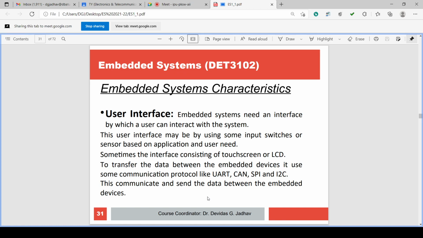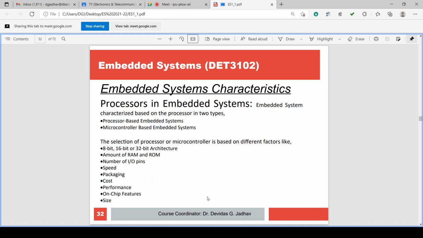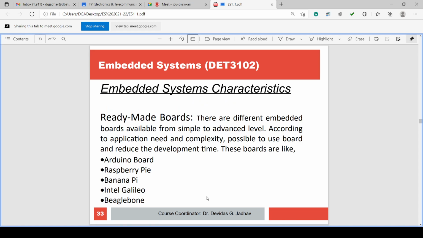Then the processors of embedded systems: how they are selected, what the specifications and parameters for selection of the embedded system processor or microcontroller are. There are ready-made boards also. We have seen boards like the Arduino board, Pi board, Banana Pi board, and many more.